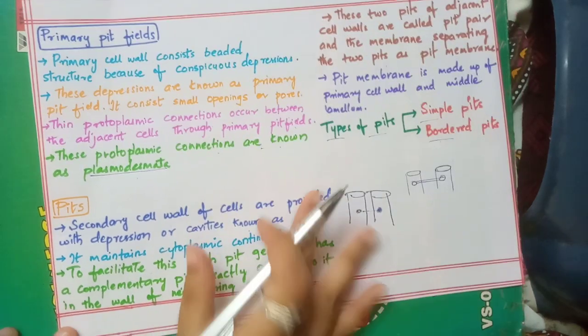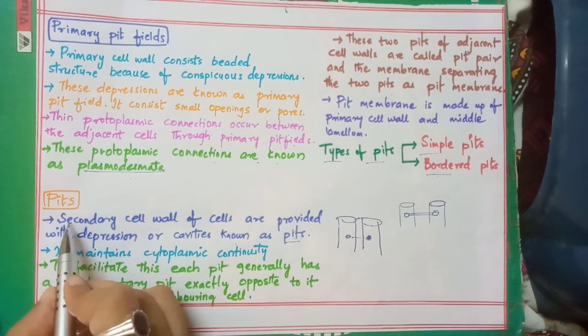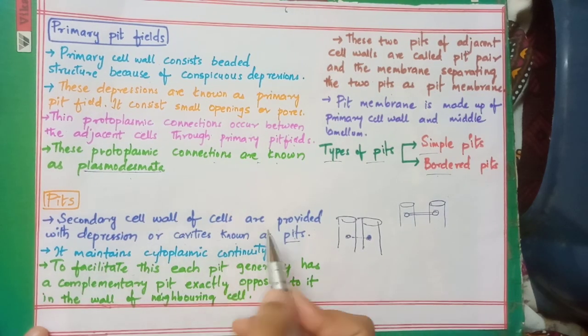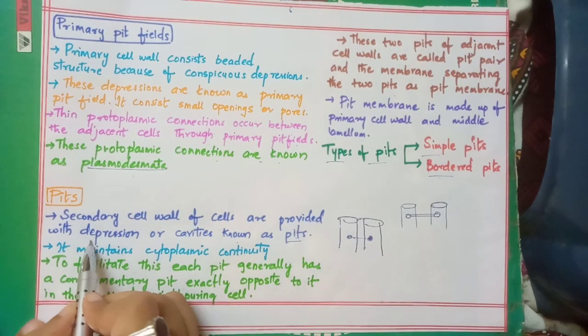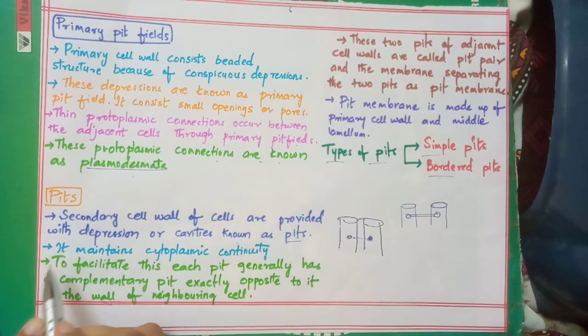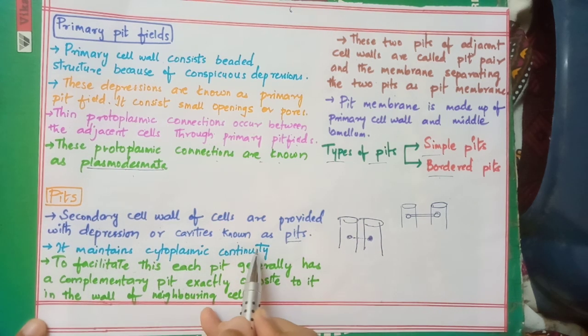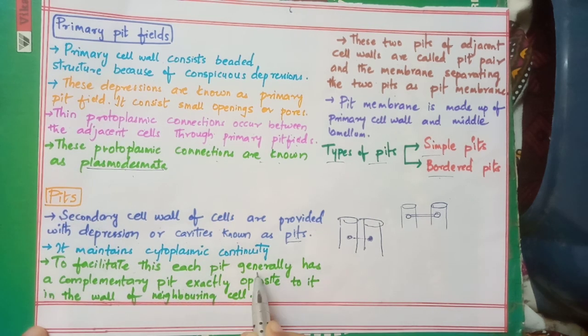Then coming to the next structure, which is known as pits. It is found on the secondary cell wall. In the secondary cell wall, there are some depressions or cavities. Those are known as pits. It maintains the cytoplasmic connectivity. Each pit generally has a complementary pit exactly opposite to it in the wall of the neighboring cell.